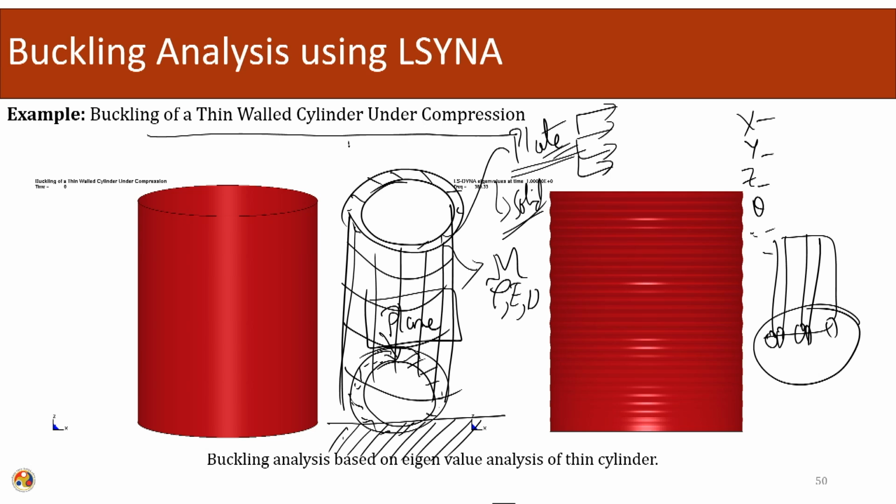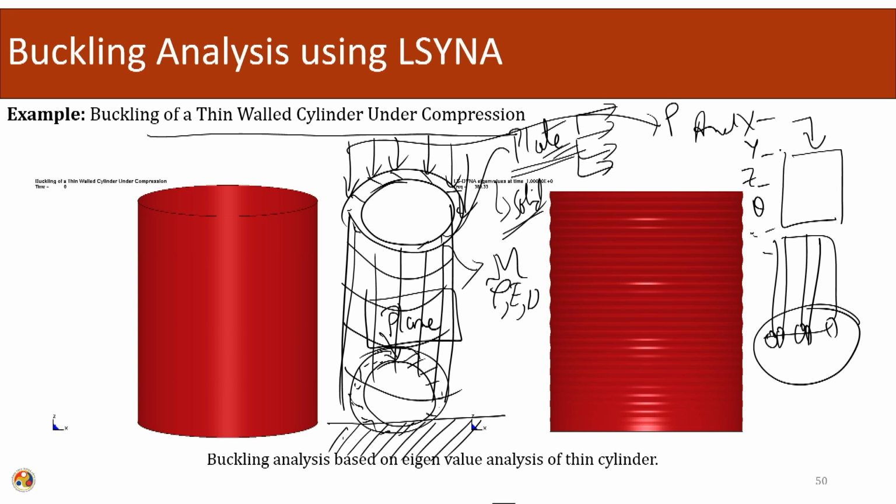After that, if there are any preconditions existing in the structure, we will put the precondition and analyze the system, and we will get the output of the analysis using the precondition. That output we will use as the initial condition for the buckling analysis.